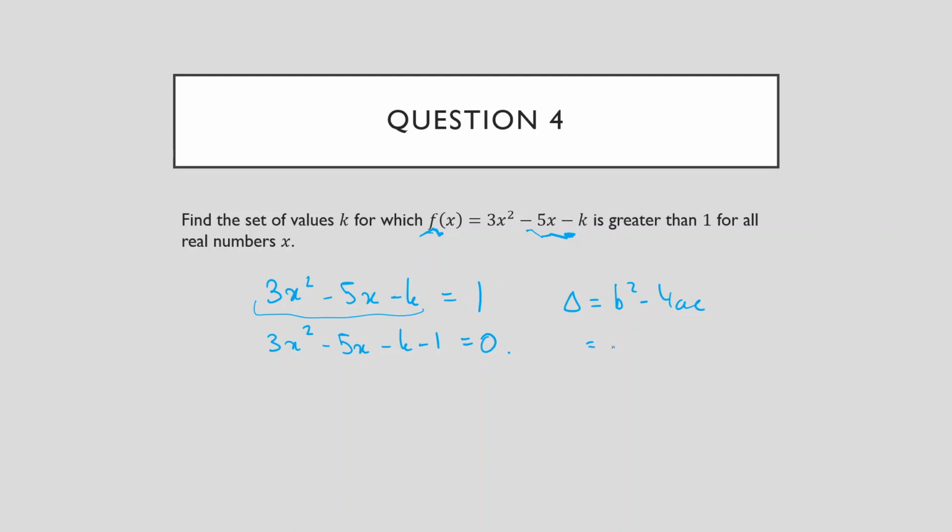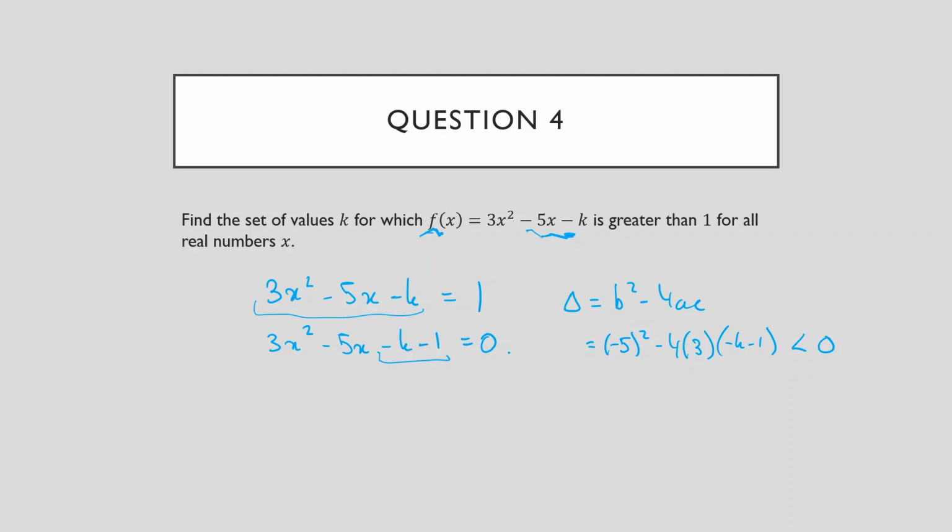What's b? Negative 5. So negative 5 squared minus 4 times a, which is 3, times c, which is negative k minus 1. I want my discriminant to be less than 0 because I don't want these two graphs to intersect. And basically our job is to find the value of k that makes this happen.